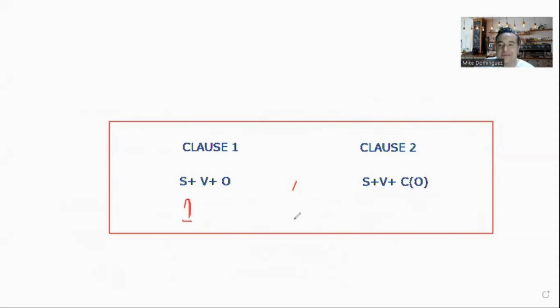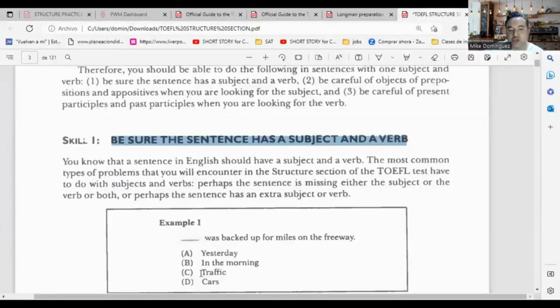If it's the first word in the sentence, then don't tell me a verb is missing, because even though it looks like a verb, it's not a verb. The function of this word is a subject. We're going to see functions in a moment. So the first thing you start a sentence with is a subject. That's a matter of fact. So you discard cars then.